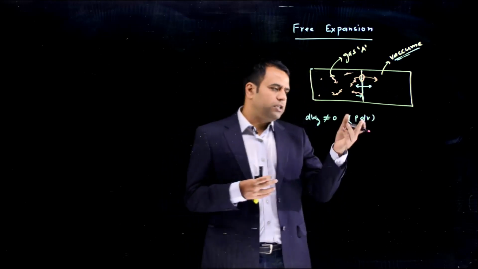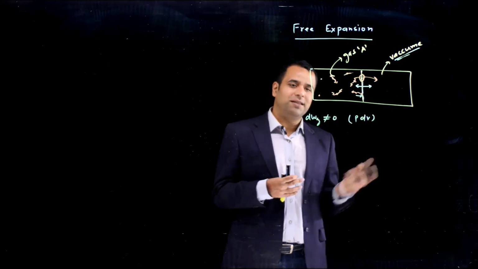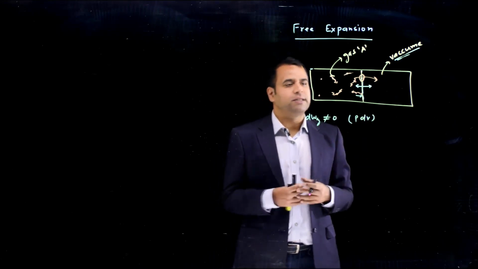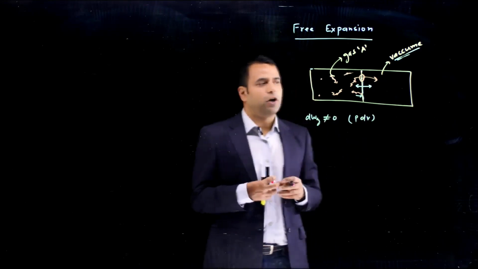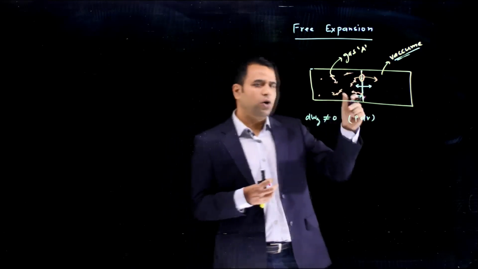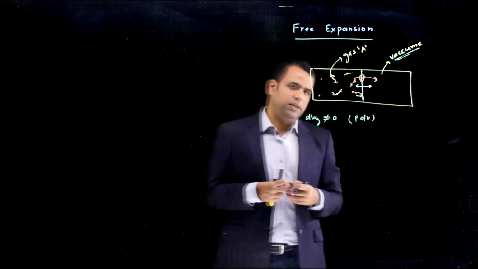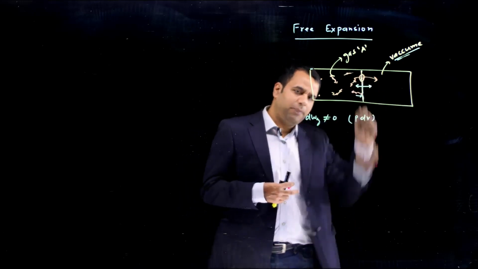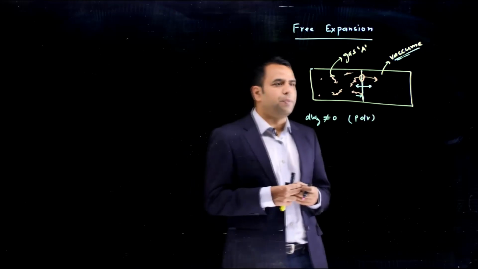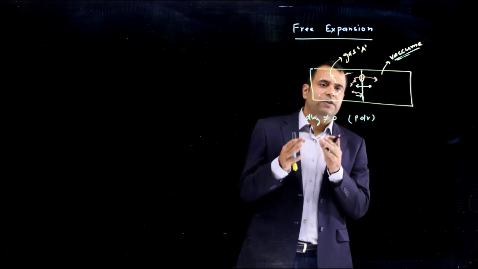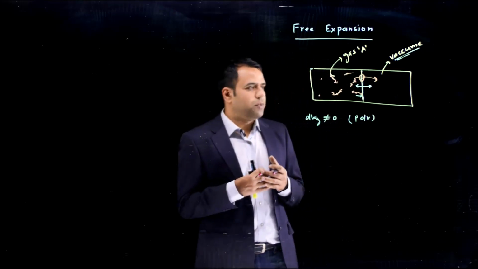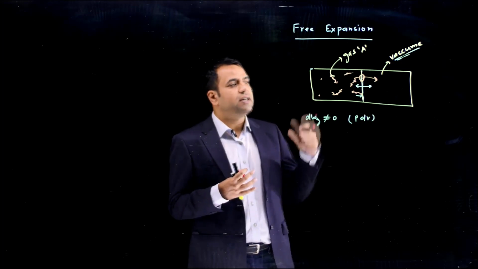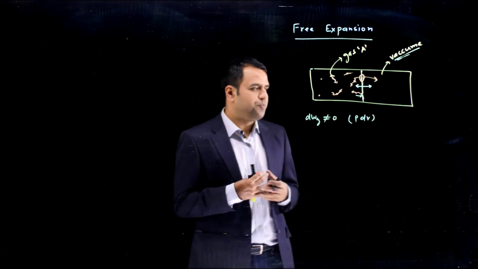So from this formula, since the volume is increasing, there has to be some non-zero work done. But there is a problem there. I can make a hole, or I can completely remove this divider also. If I completely remove this divider immediately, what will happen? Suddenly, the gas will find the extra volume to occupy. In PV equals nRT, V is the available volume for the gas to move.